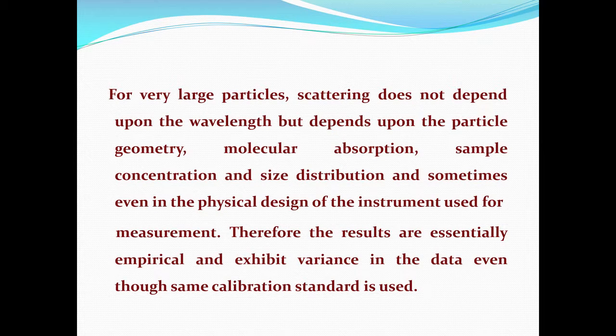So, the size distribution also becomes very important in most turbidimetric measurements, and sometimes even in the physical design of the instrument used for measurement, that is the sample compartment. Therefore, the results in chemical turbidimetric methods are always empirical.